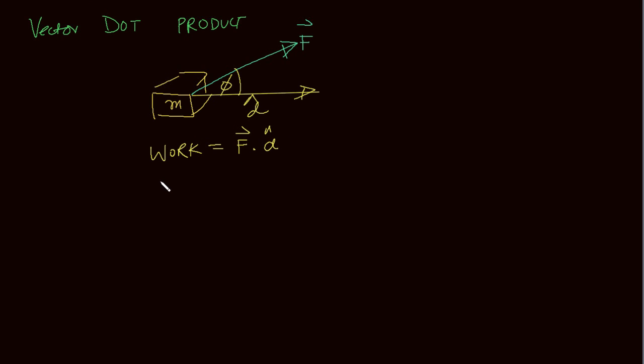So the value of work is equal to magnitude of force multiplied with magnitude of displacement and cosine of phi.